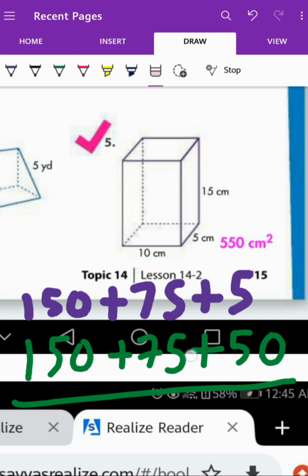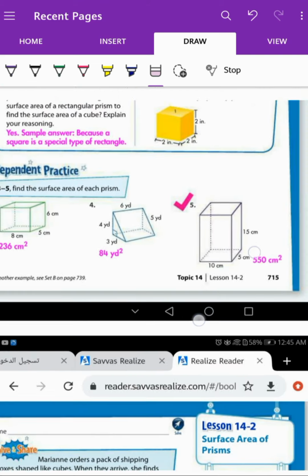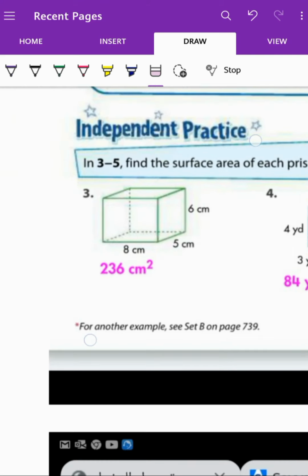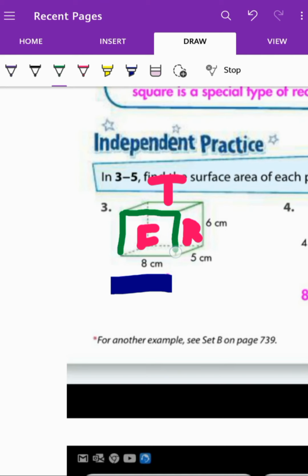Okay, my dear students, one more example. Let us take this one. Front, right, and top. Find the front one.